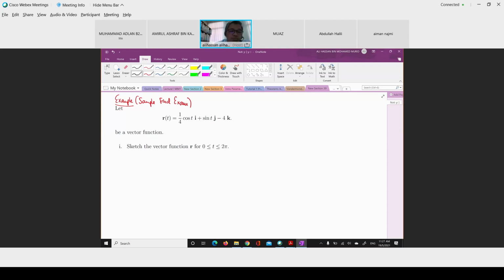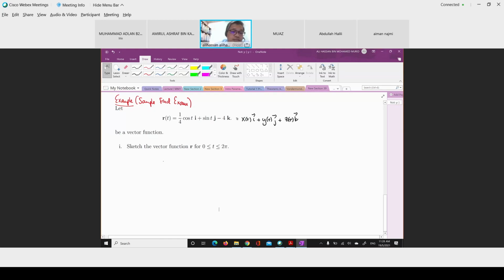Now, we can think of this r(t) in general as x(t)i plus y(t)j plus z(t)k, having components x(t), y(t), z(t).